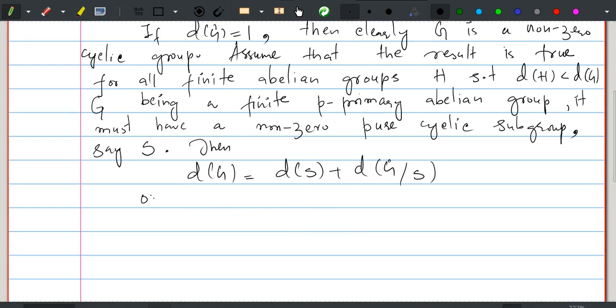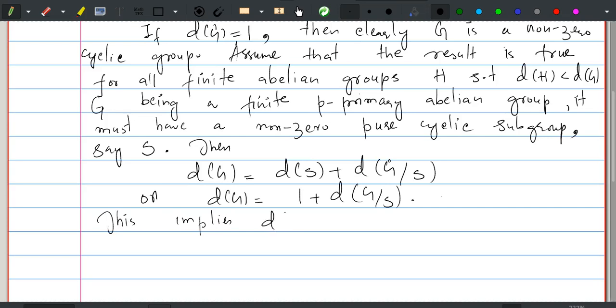So d(G) is 1 plus d(G/S), and this implies d(G/S) is less than d(G).